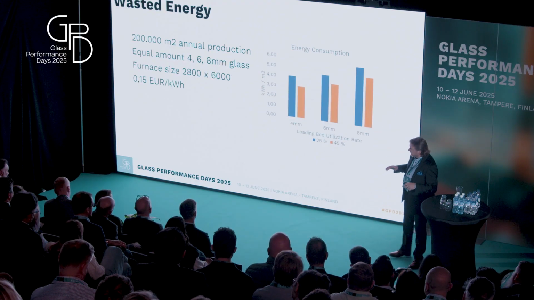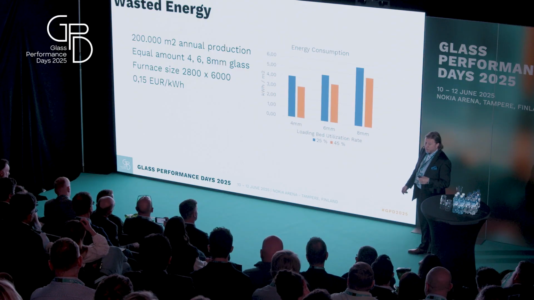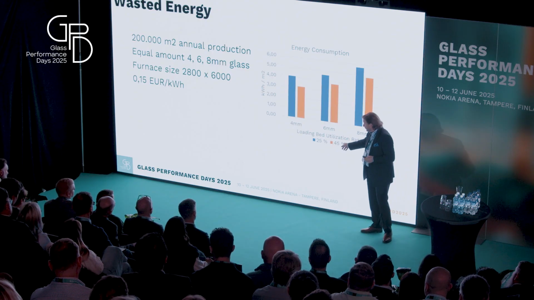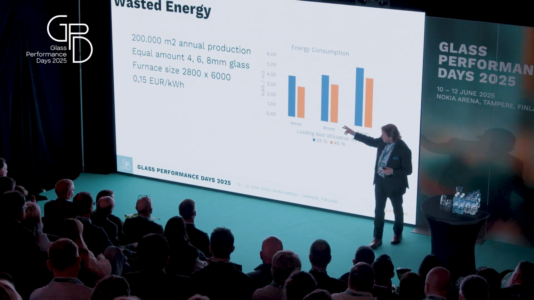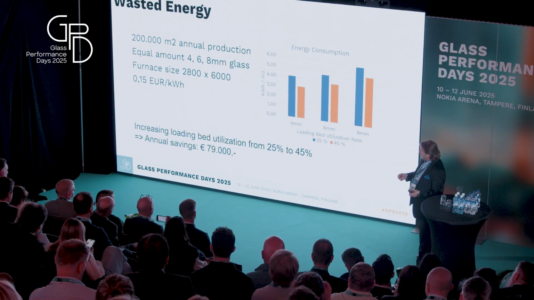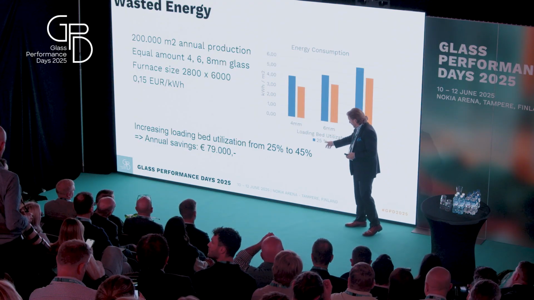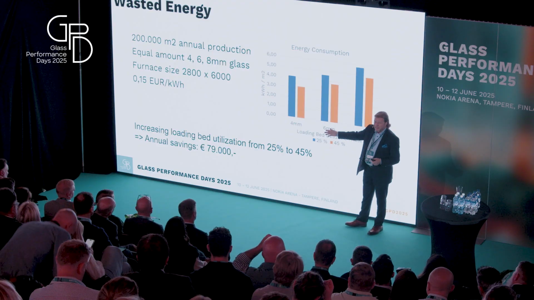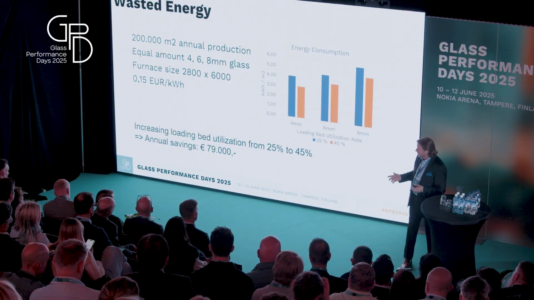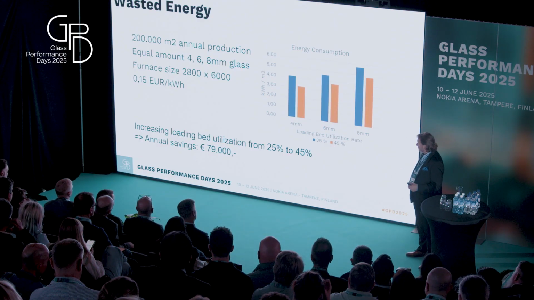And on top of everything, if the very same company doing 200,000 annually can improve the loading bed utilization from 25 to 45 with these figures, 15 euro cents per kilowatt hour, the saving is 79,000. If it is from 25 to 35, it's less than that, but this is directly to the bottom line, whatever it is, depending on how much you eventually save and what the kilowatt hour price is locally.